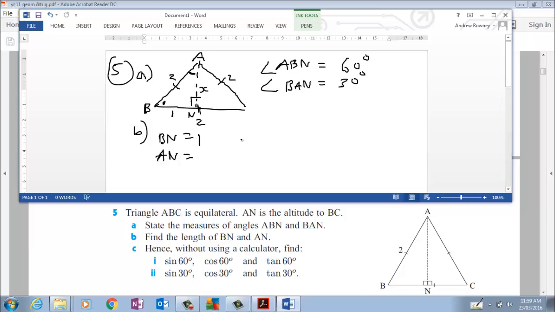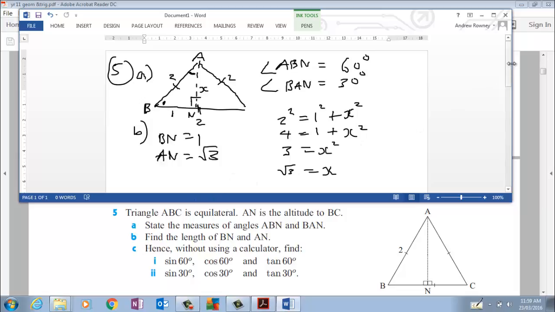Now to work out x, we can use Pythagoras, where we have 2 squared equals 1 squared plus x squared. 2 squared is 4, 1 squared is 1. We now take 1 over the other side, 4 take 1 is 3. And if you square root that, we have x being root 3. So AN equals root 3.